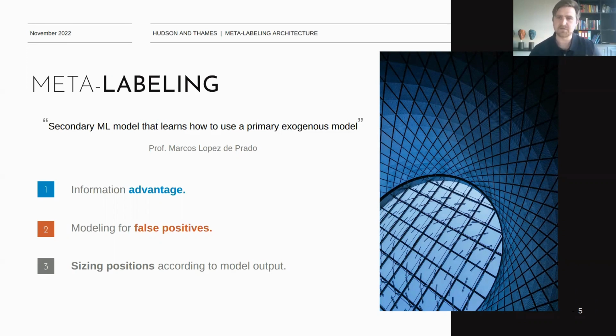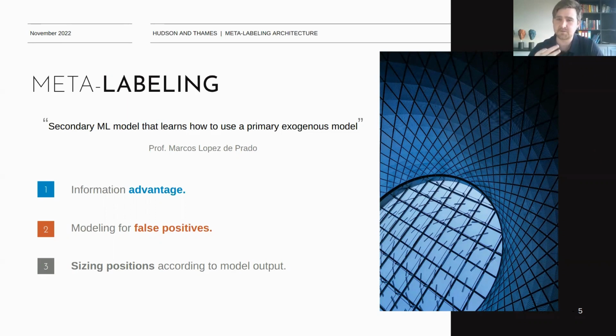There are three main benefits of applying meta labeling. The first is the information advantage. This is when the secondary model is better able to utilize information than the primary model. An example of this is in the previous paper that Jock used, where he simulated an AR3 process to forecast the next day's return.